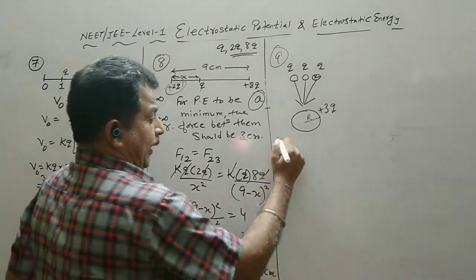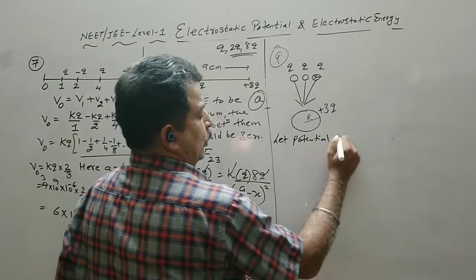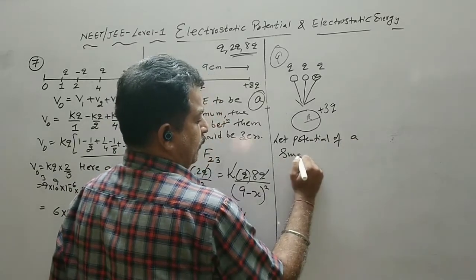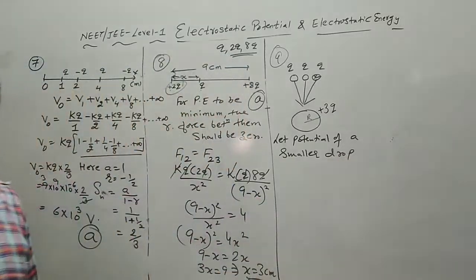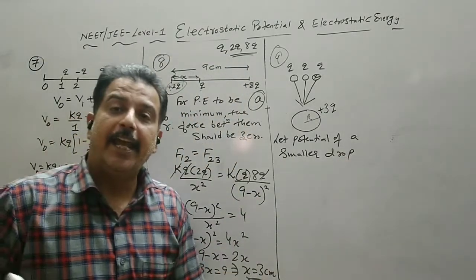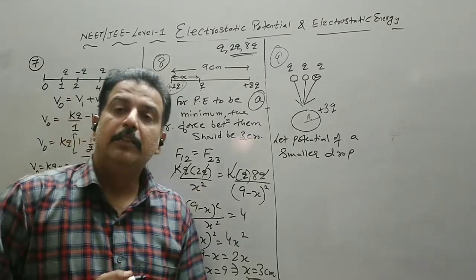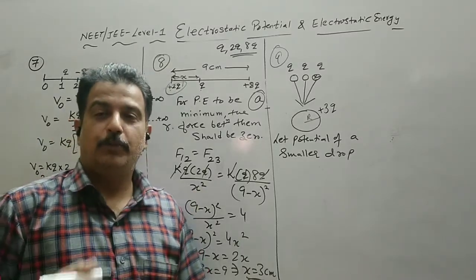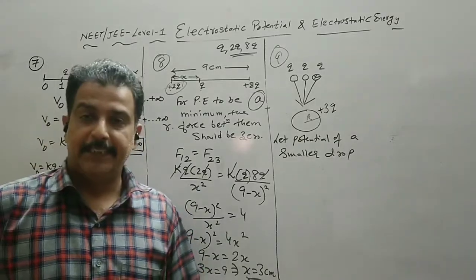Now let us find the relation between the potential of the bigger drop and that of a smaller drop. Let us derive a relation taking n droplets. So we assume we have n droplets, and in the place of n we will substitute 3.